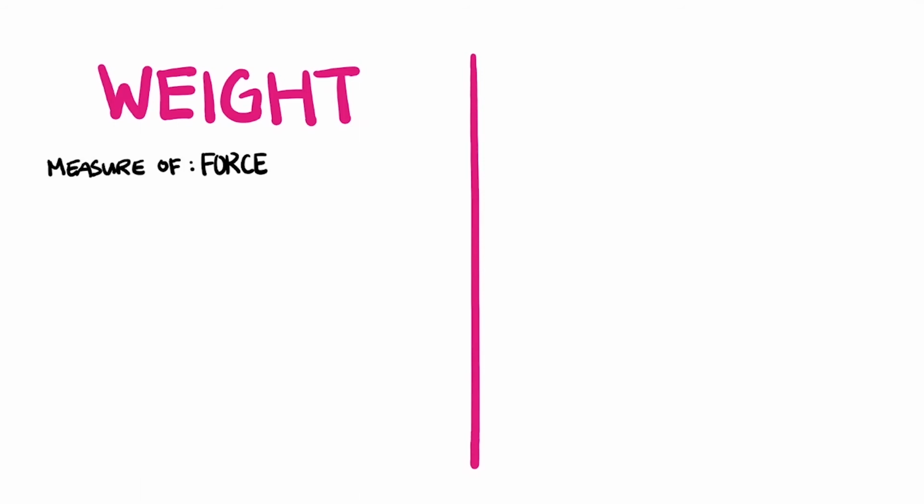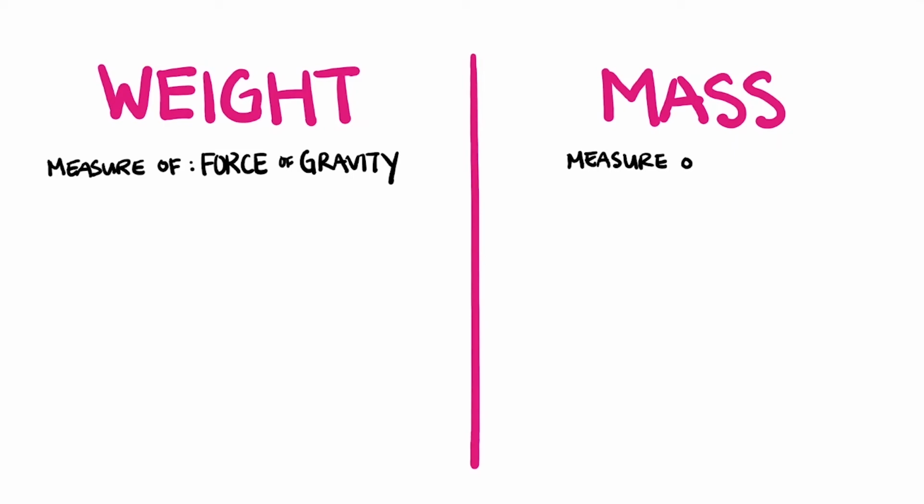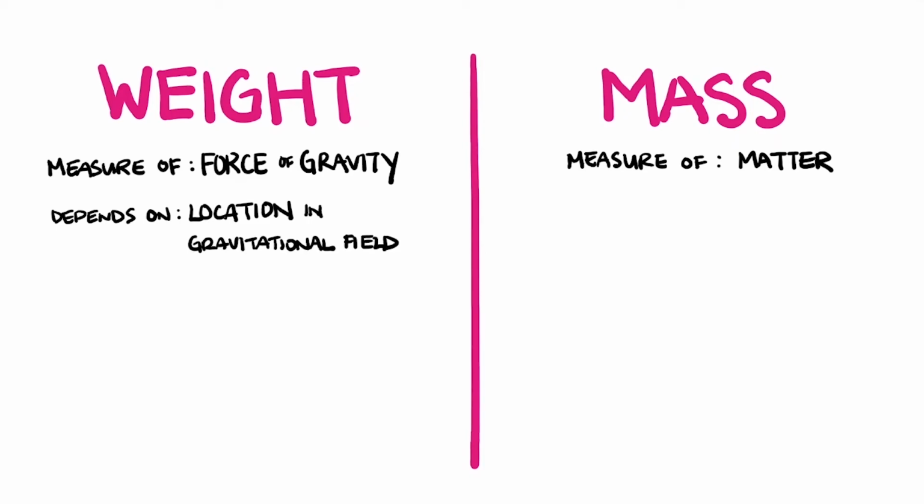Here exists a very important distinction between weight, a measure of the force of gravity, and mass, a measure of the amount of matter. Weight is dependent upon your location in a gravitational field. Mass is dependent upon the stuff an object is made of, regardless of your location.